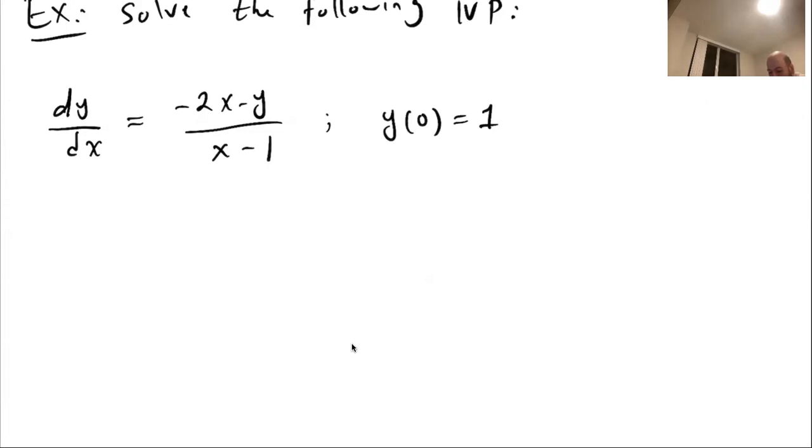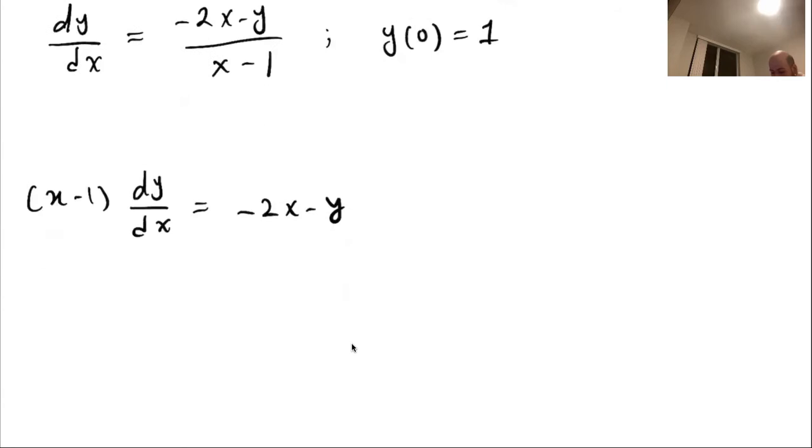Now, if we want to figure out whether this is an exact equation or not, we have to figure out what M and what N are in this problem. If I multiply both sides with x minus 1 here, then I'll get (x minus 1) times dy/dx equals minus 2x minus y.